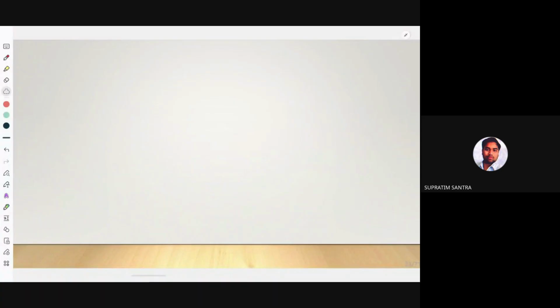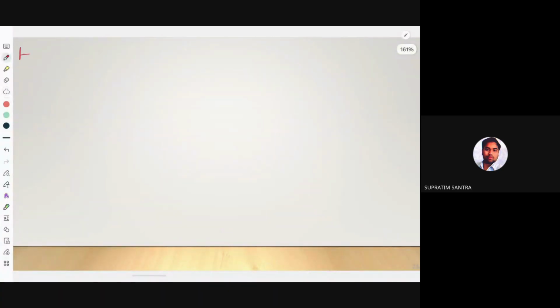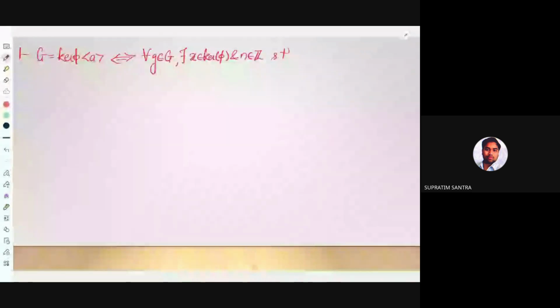So what does it mean that G equals kernel of phi times the subgroup generated by a? This is if and only if for all g there exists x in the kernel and n in Z such that g can be written as x a power n.